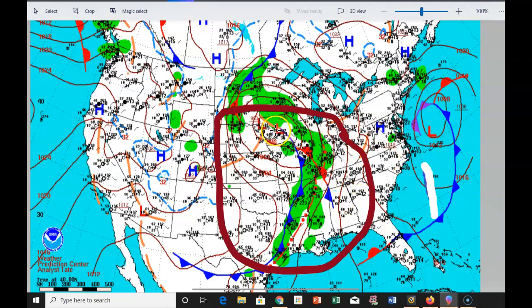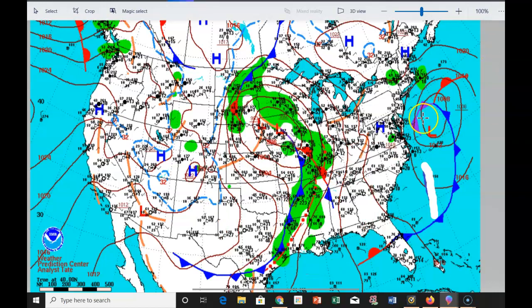A mid-latitude wave is a combination of a low pressure, which we have right here, with a cold front and a warm front attached to the low pressure. Those are very common in the midsection, eastern two-thirds of the United States. So this is a mid-latitude wave, and it's the major weather producer in the continental United States.